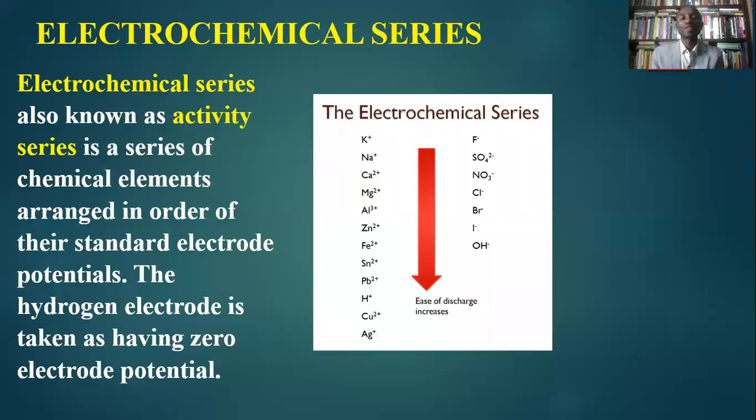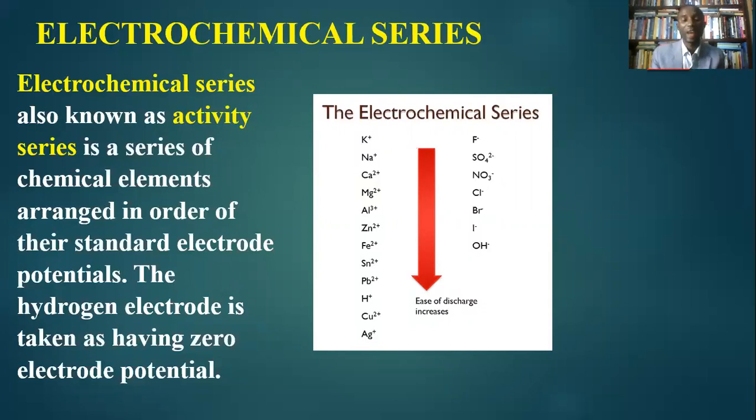It is the series of chemical elements in order of their standard electrode potential. The activity series or electrochemical series is the arrangement, in order of reactivity, of elements.